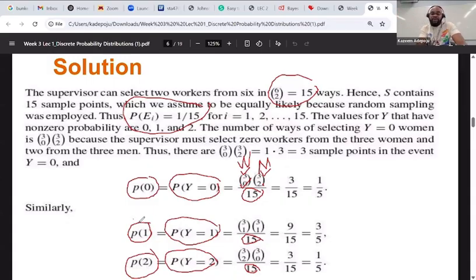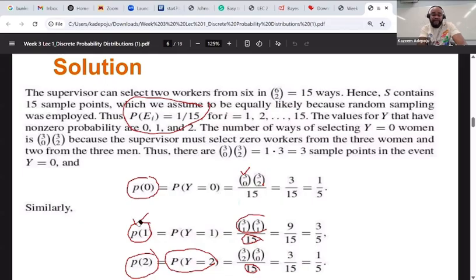But for the probability of women equal to one, I'm choosing one from women and one from men. And for the probability of women equal to two, I'm choosing two from women, then automatically I choose zero from men. Now, do you know what I've been able to find here? Please pay attention.